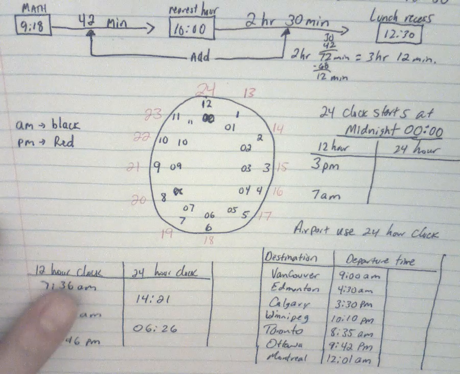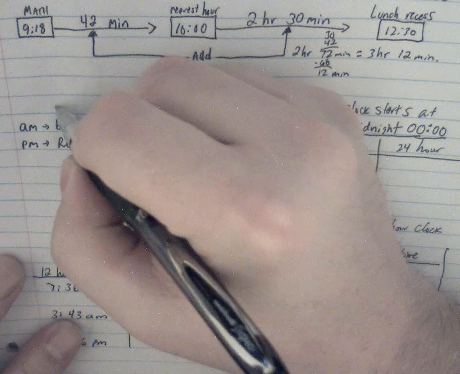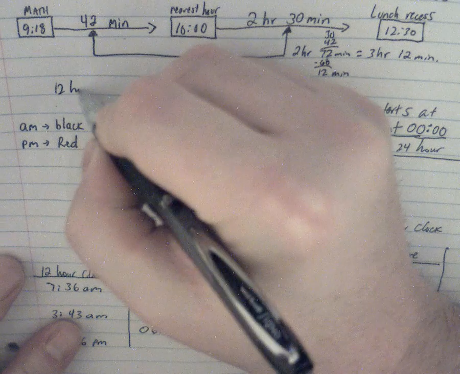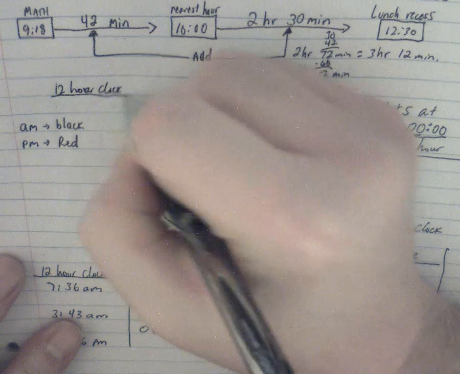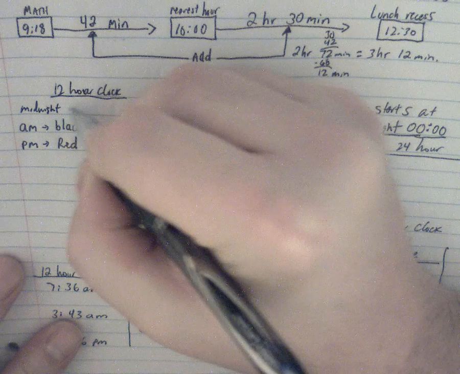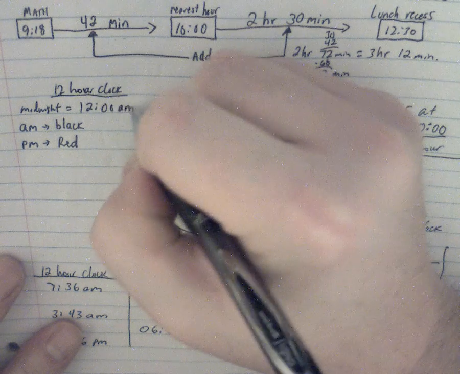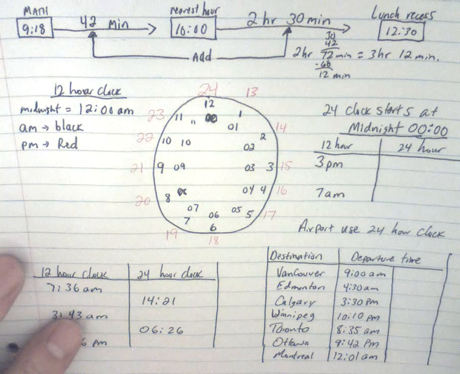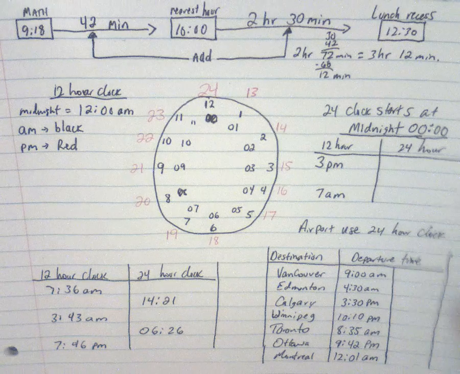If we were looking at the 12-hour clock, midnight would be 12 a.m. Now you guys have seen AM and PM because you're familiar with the 12-hour clock.